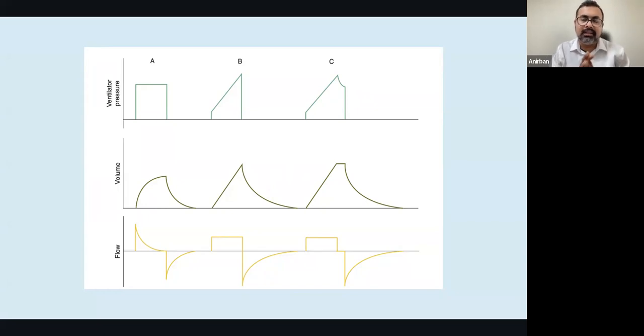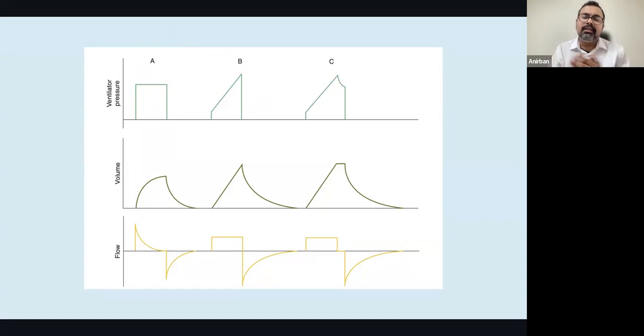So if the inspiratory time is the same and the flow remains the same, the volume will be the same. So yes, B and C are pretty much the faces of the same coin. Both of them are flow controlled breaths where pressure can go up and down if the resistance and the compliance change. This is a pressure controlled breath where the volume can go low or high.